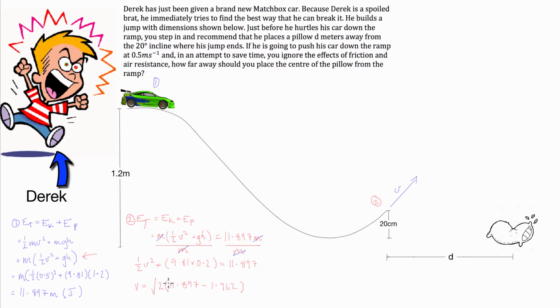Close that bracket. And so that 1.962 came from the 9.81 times 0.2. And that's got to be equal to 4.458.